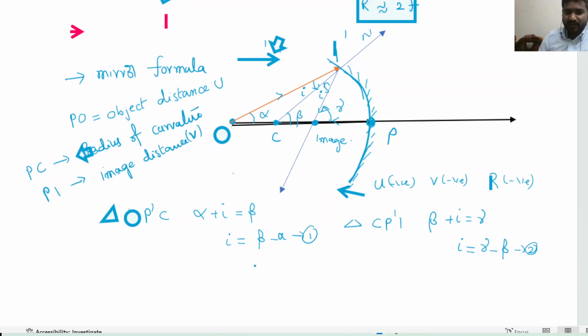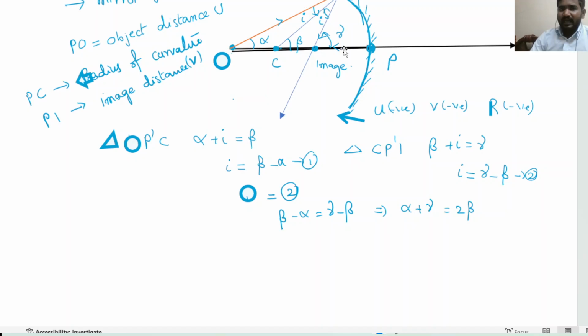Now equate equation 1 and equation 2, because the angle of incidence is common. So beta minus alpha equals gamma minus beta. From this you get alpha plus gamma equals 2 times beta.